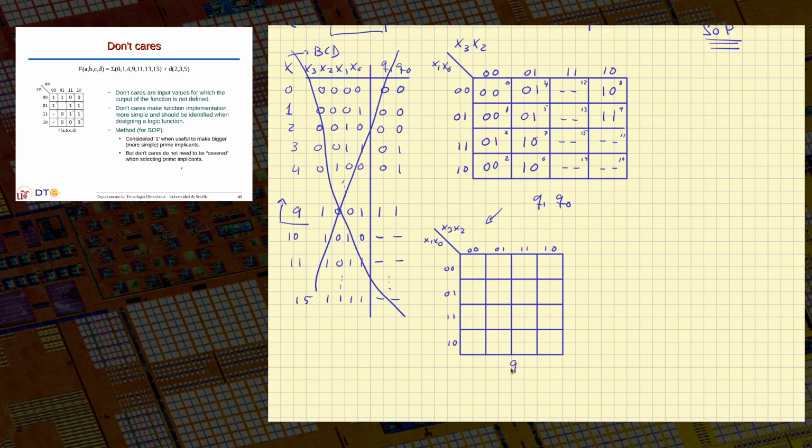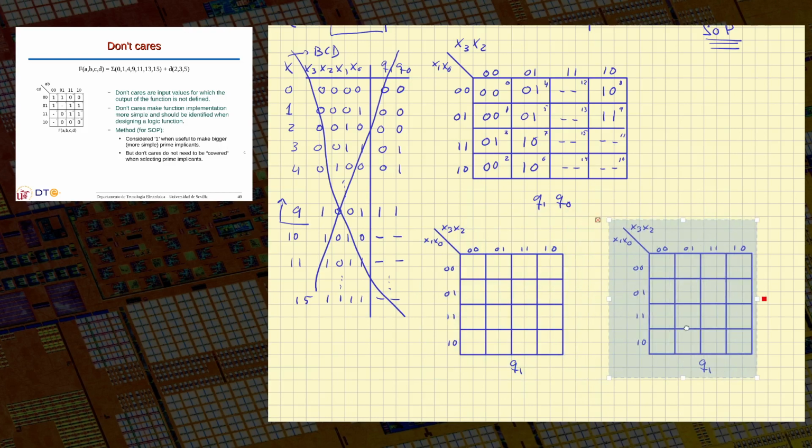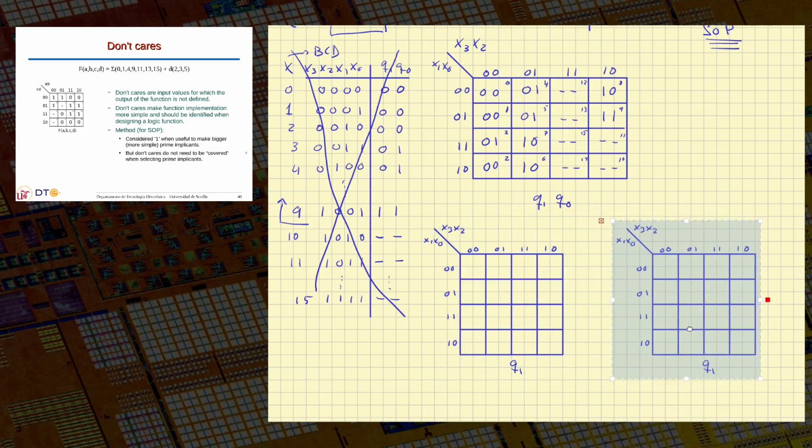This one is for Q1. Okay. Now let me copy the map. This is the good thing of computer drawing. And we will use this other map for Q0.